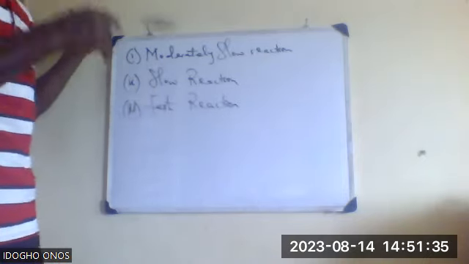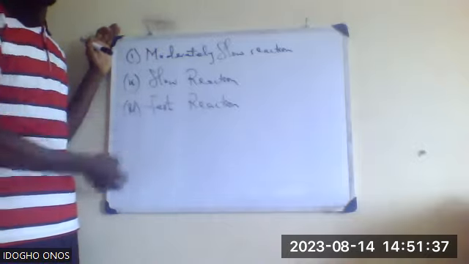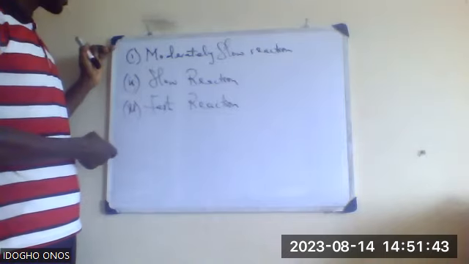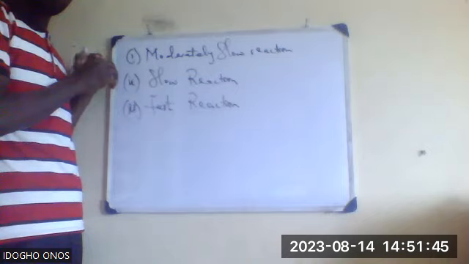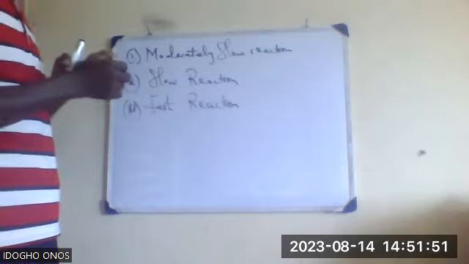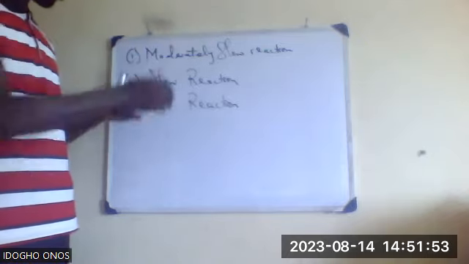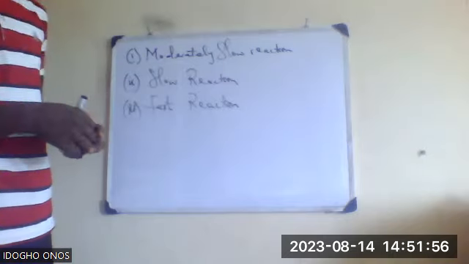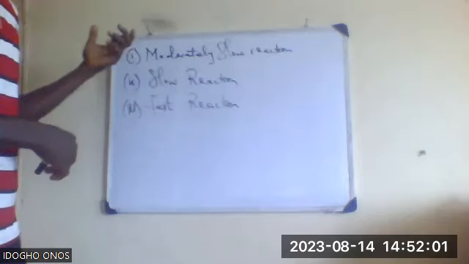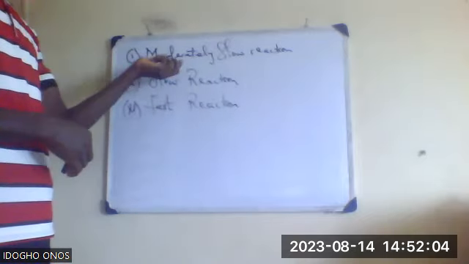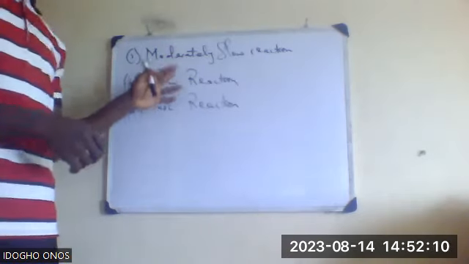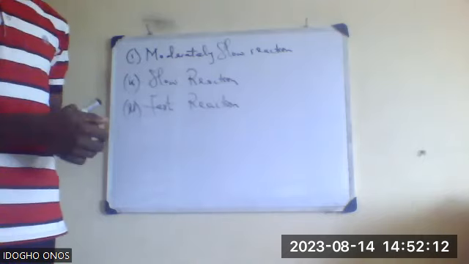I remember when I started the class, we listed types of chemical reactions such as reversible, decomposition, and the rest. That is just types. But on the basis of the rate of chemical reaction, we have basically three types: the reaction could either be moderately slow, slow, or fast. A moderately slow reaction is neither too fast nor too slow for a new product to be formed.